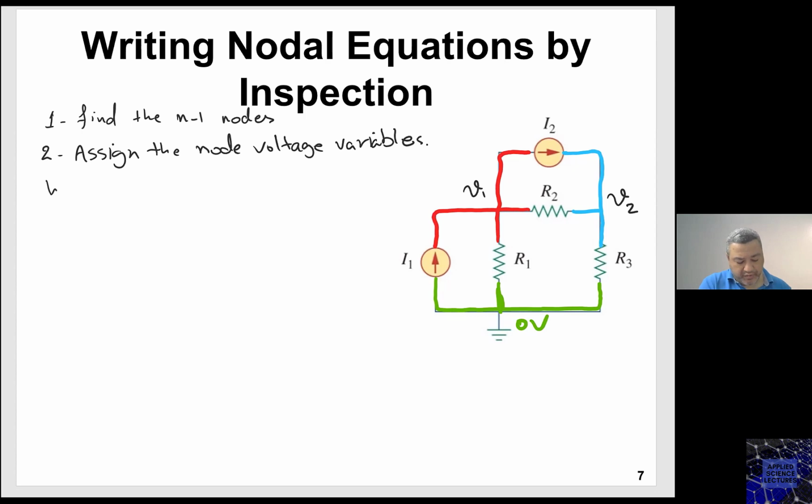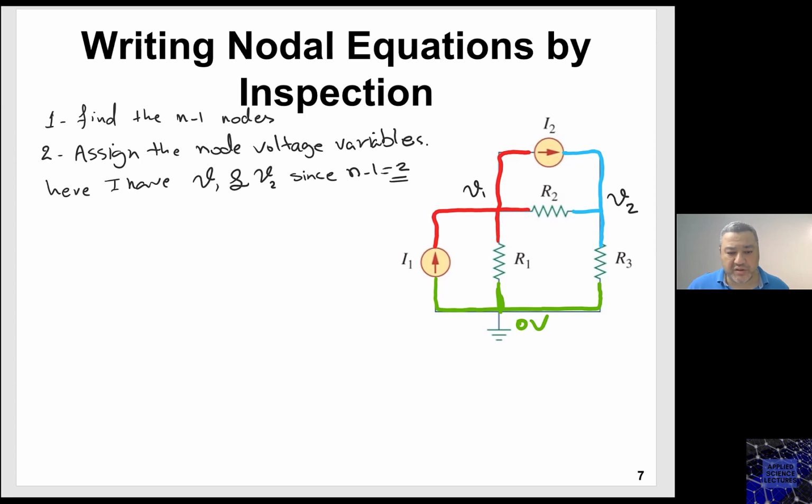Here I have V1 and V2 since n minus 1 is 2. Now remember, I am dealing here with circuits that have no voltage sources. When it comes to the voltage sources, we will see the difference.